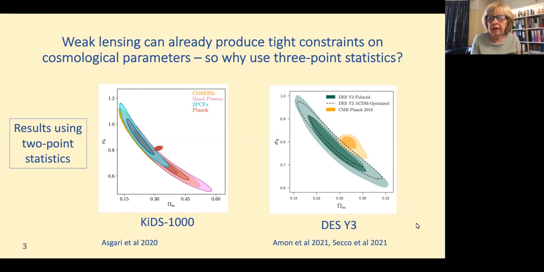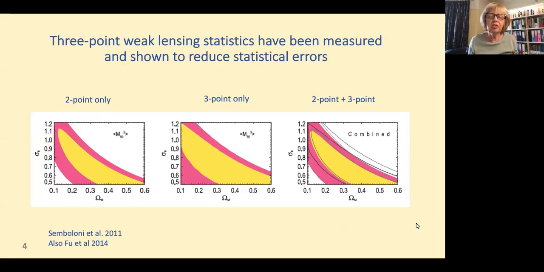Well, in the past, people have indeed tried to use 3-point statistics, but mostly to reduce statistical errors. And this is a rather old study by Sembolini et al., where they did actually measure a 3-point weak lensing signal and used it to constrain parameters and found an improvement, although it's really hard to see it by eye in these plots.